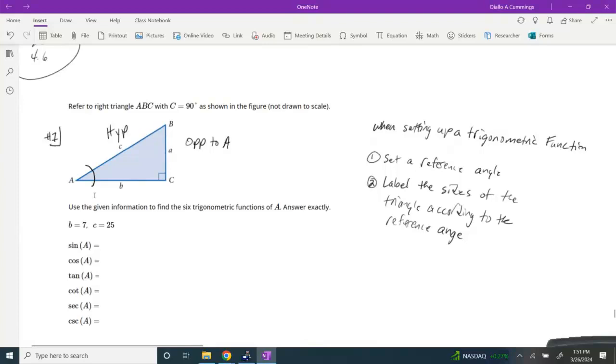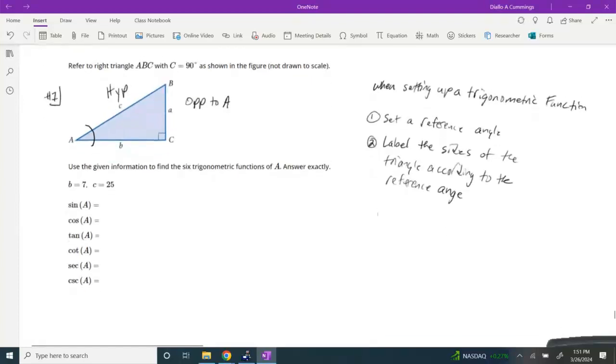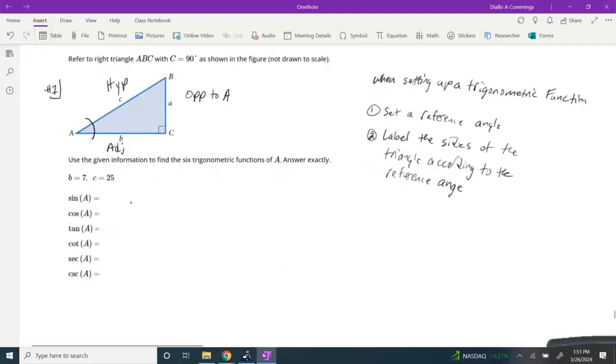My adjacent side is going to be B. So B is my adjacent, and that's adjacent to angle A. Now, two things are adjacent if they share a common side. For example, this room and that room over there are adjacent because they share this common wall, this common side. Angle A and side length B, they share this common side B, so that's my adjacent.